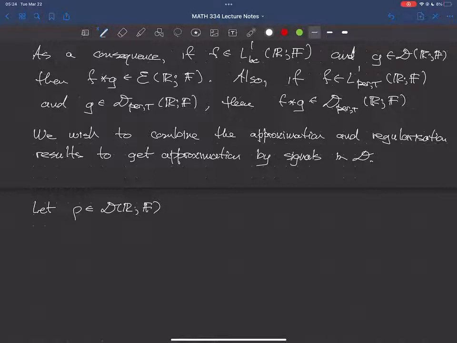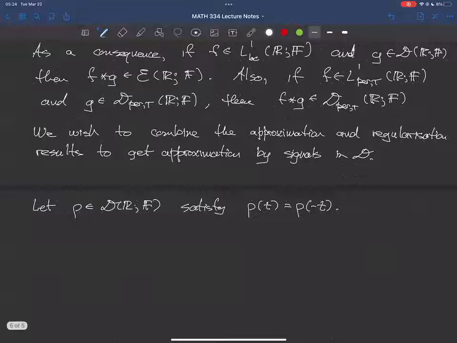And just because you can always do this without loss of generality, I'm going to ask that this be even. And I'm also going to ask that its integral equal 1, because you can just normalize it if it's not true.